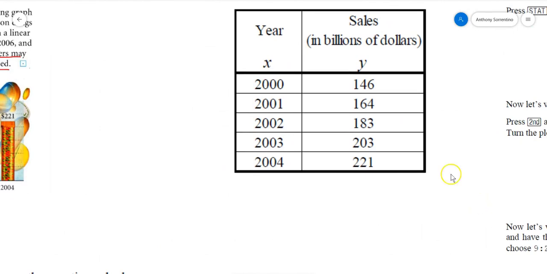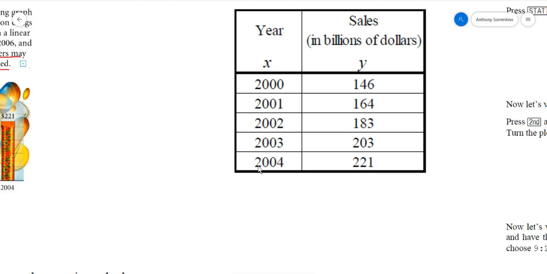Often you'll see the year left in as the X value. You could also just say, since it started with 2000, this is 0, therefore this would be 1, 2, 3, 4. It makes the numbers a little less fraction involved, or the decimals not quite as severe. But ultimately you have to make sure that you're being consistent along the way.